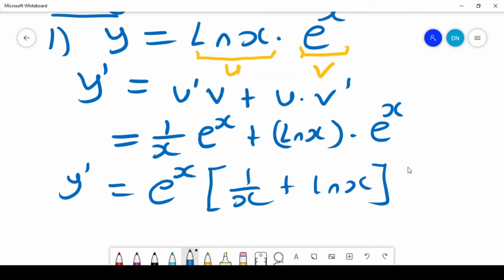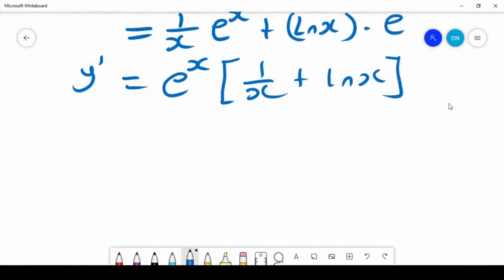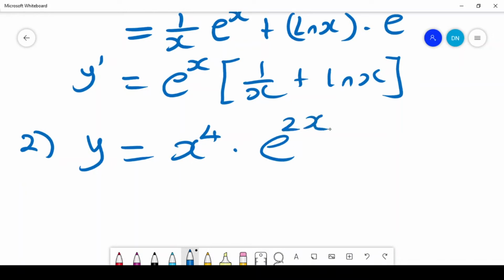Another example I could think about when I'm using a product rule is an example of the form y equals x raised to power 4 times e raised to power 2x.